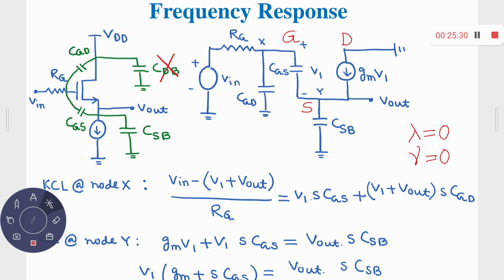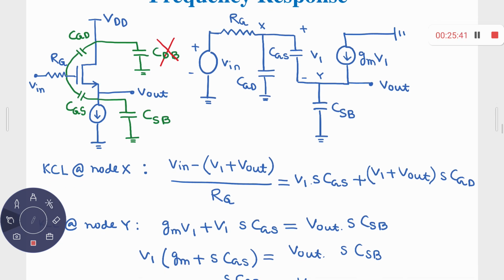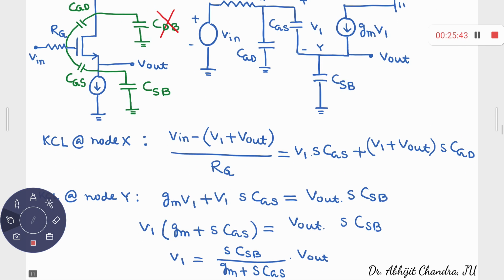Then another signal node, at node Y. Here, this current plus this current equal to this current, right? So GMV1 plus V1 SCGS is equal to the current flowing through CSB, that is V out times SCSB.